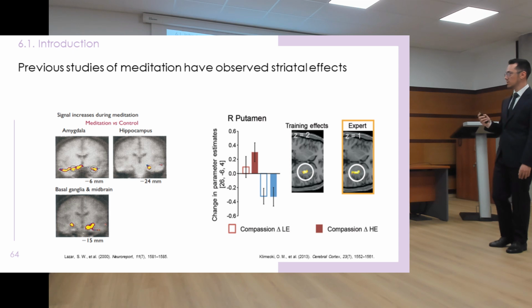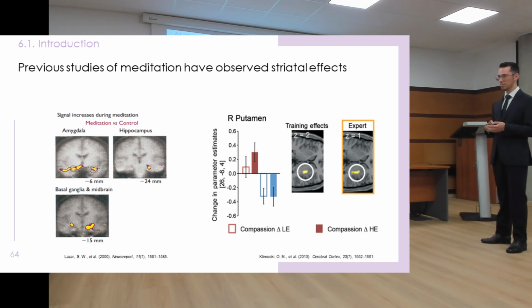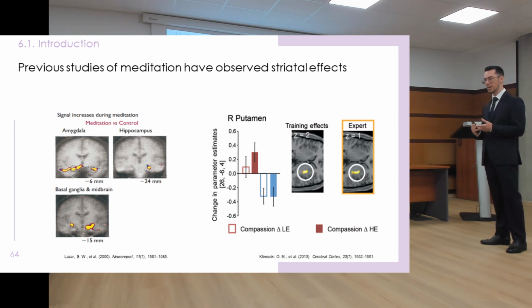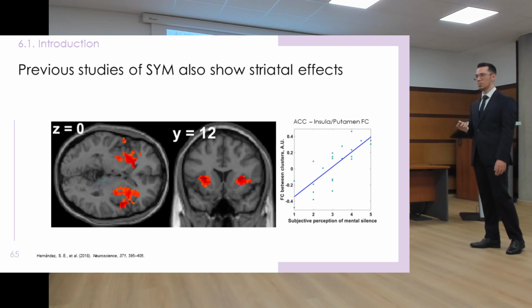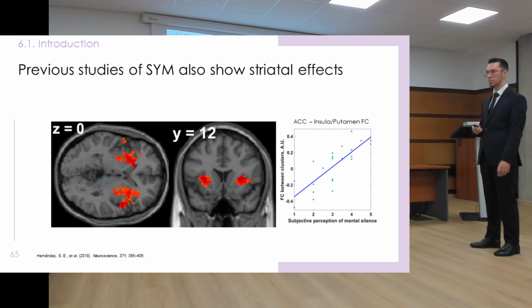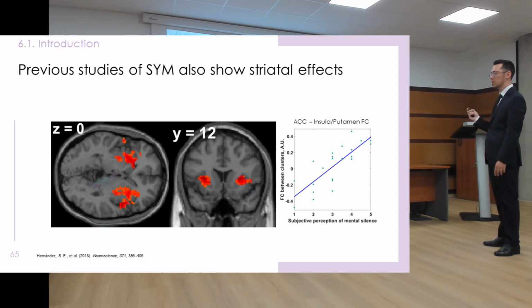These studies have associated the striatum with the onset but also the maintenance of the meditation state, and also have related it with altered reward effects in meditators. In Sahaja Yoga meditation, the putamen activation and its functional connectivity was also associated to the subjective perception of mental silence, and it was associated with top-down attention and emotional control.